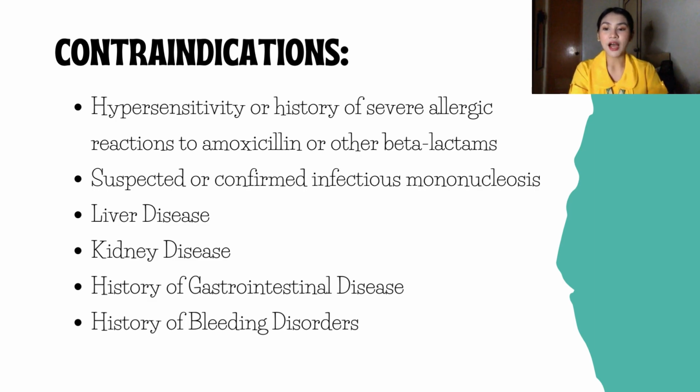Next, persons with a history of gastrointestinal disease, particularly colitis, should use amoxicillin cautiously because it can disrupt the balance of gut bacteria and worsen symptoms. Lastly, we have patients with a history of bleeding disorders, because amoxicillin may increase the risk of bleeding in individuals with bleeding disorders or those taking blood thinning medications.